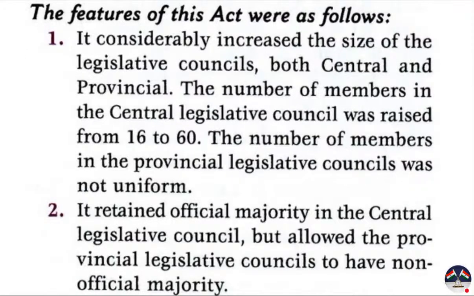It considerably increased the size of legislative councils, both central and provincial. The number of members in the Central Legislative Council was raised from 16 to 60. The number of members in the provincial legislative councils was not uniform.